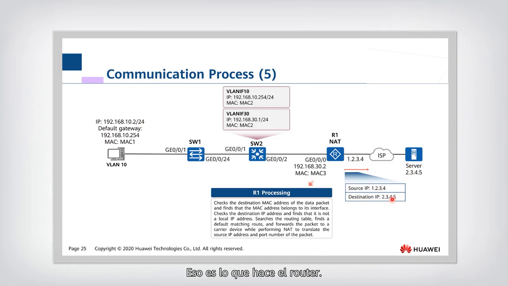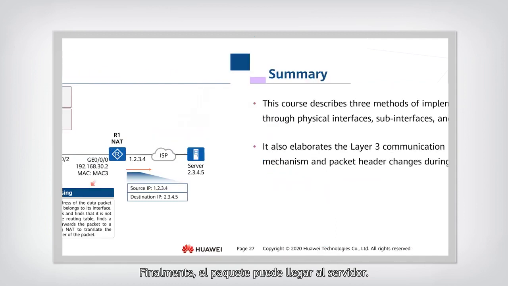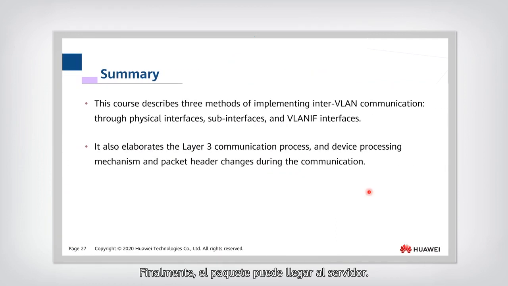Okay, so these are the things done by this router. It first checks the outgoing interface and then does the network address translation. So finally, this packet can arrive at the server. Okay, so that's all for the layer 3 communication method.